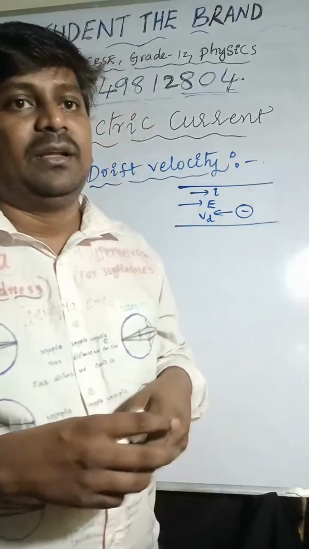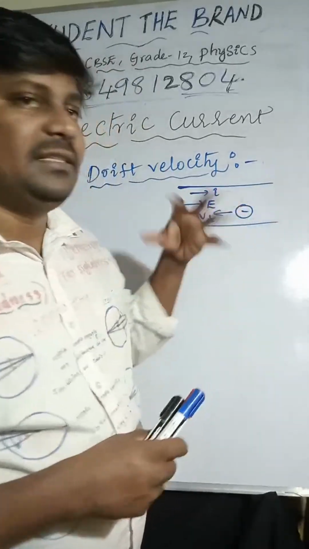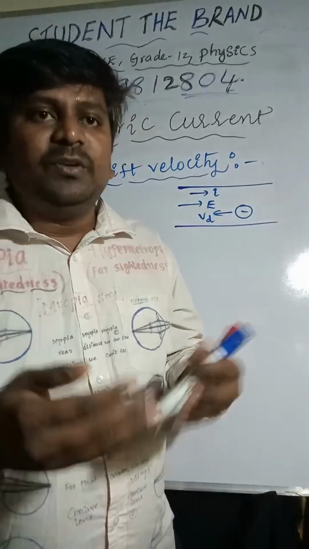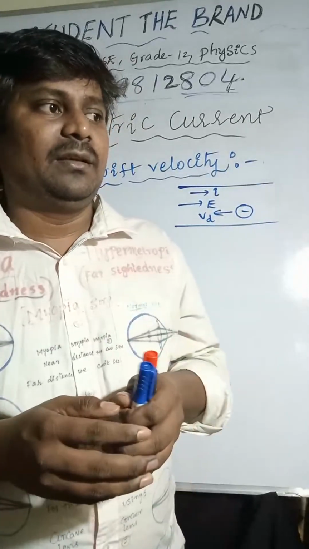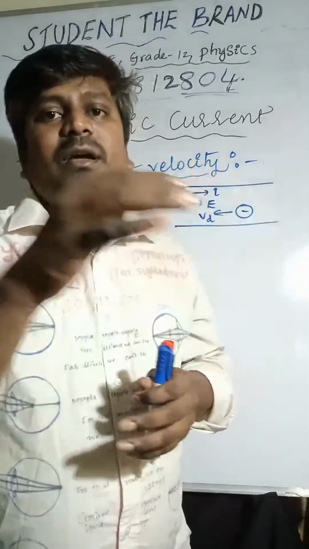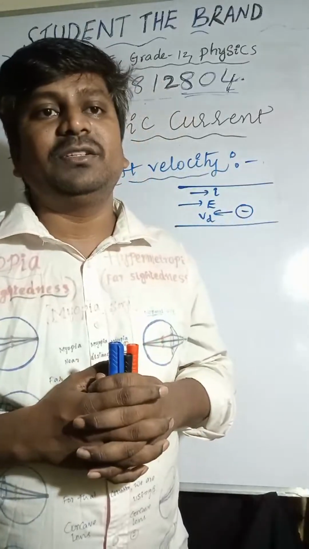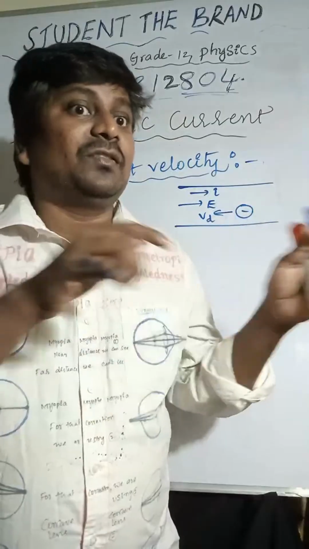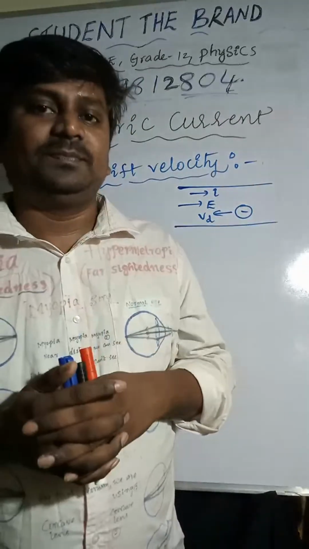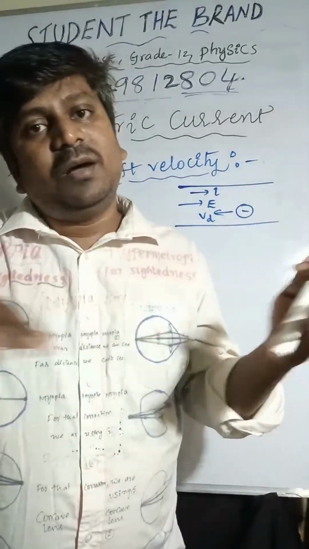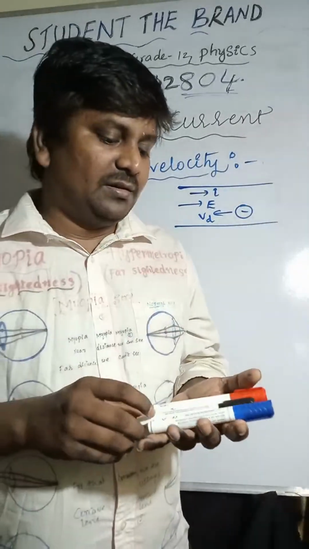I will explain that when I explain drift velocity. Before that, current is taken in one direction, the electrical field in the same direction, and electrons move opposite to the electrical field.